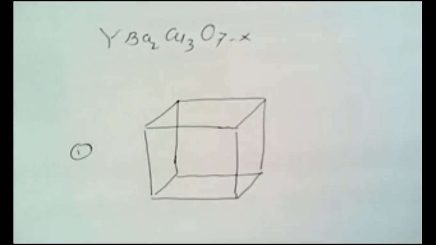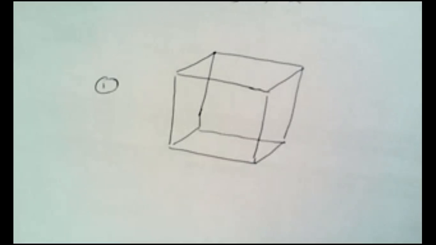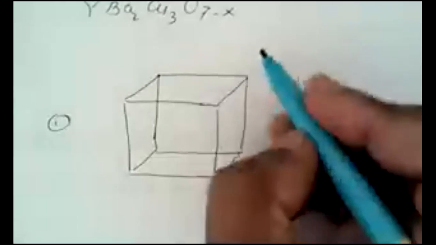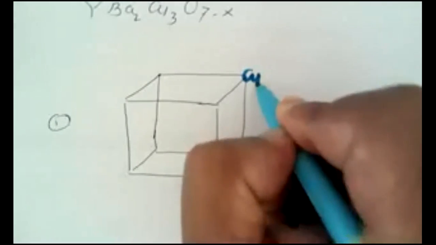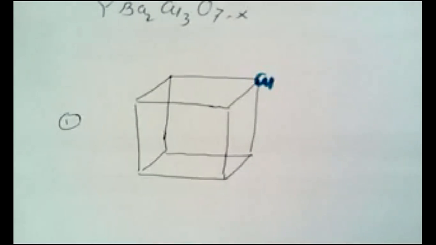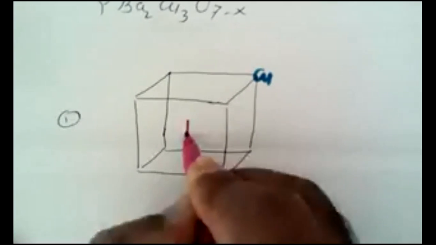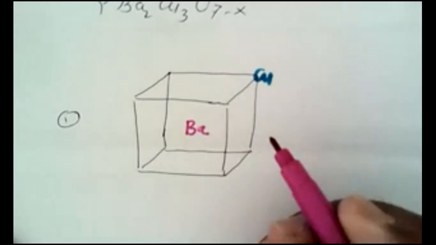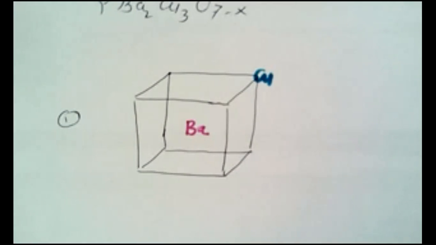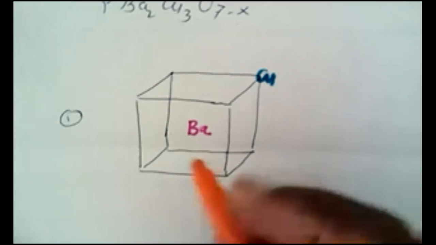The first cube contains the copper atom and oxygen atoms. This first cube has a copper atom at the corner. Then at the center of this cube, the barium atom is present, at the center of the body, and the oxygen atoms are present at these corners.